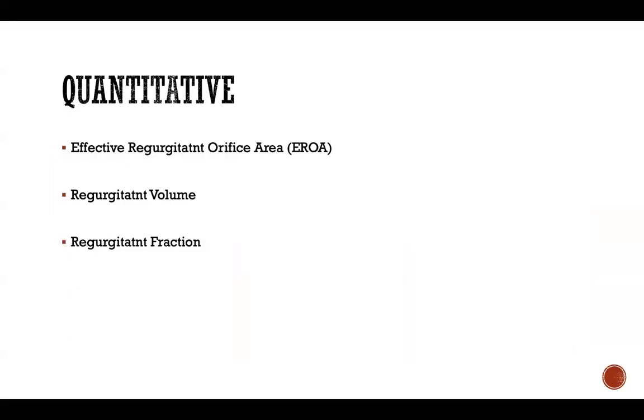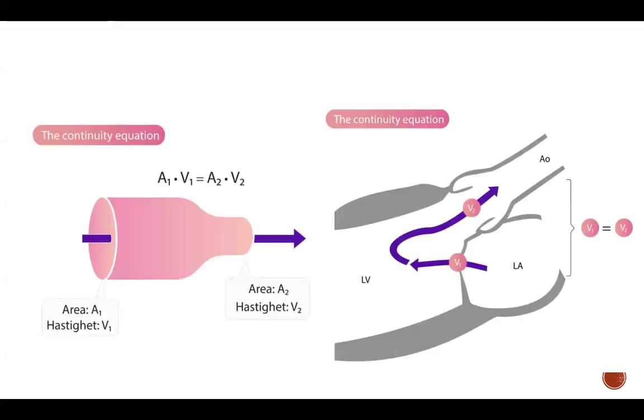So the quantitative measures that we look at are the effective orifice area, regurgitant volume, and regurgitant fraction. Before we move to these measures, we would like to explain one of the basic concepts in echocardiography, which is the continuity equation.